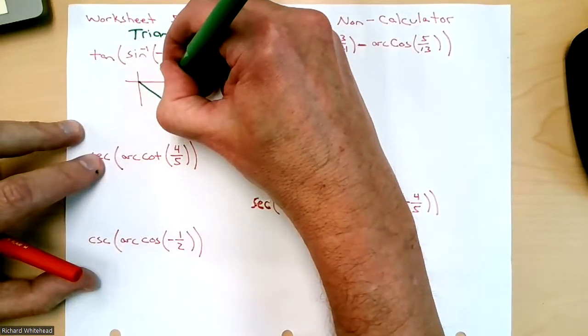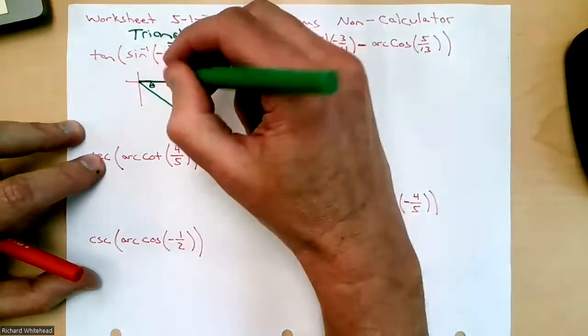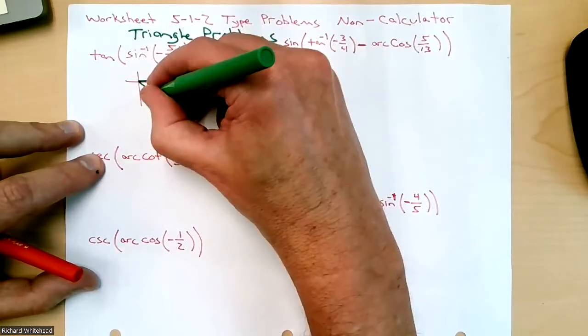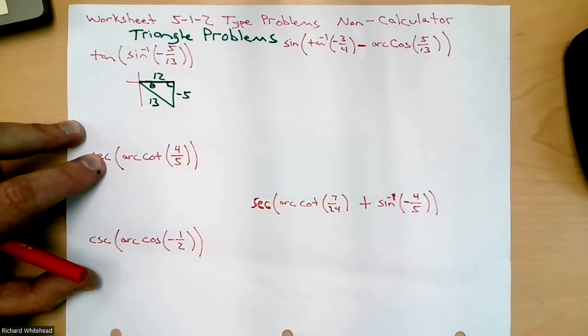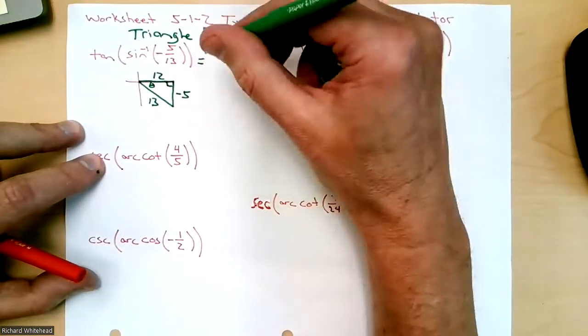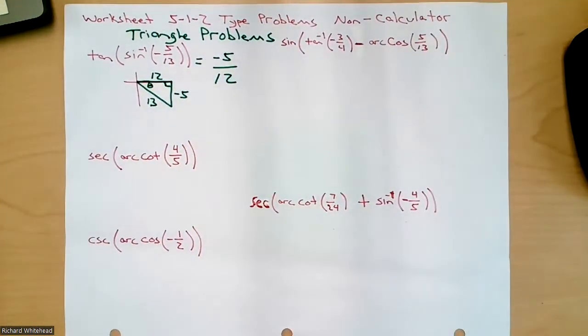So my angle is going to be here in the fourth quadrant. That'd be -5, that'd be 13. So my missing side is 12. Nice Pythagorean triple. So the tangent would be -5/12. Okay, no big deal.